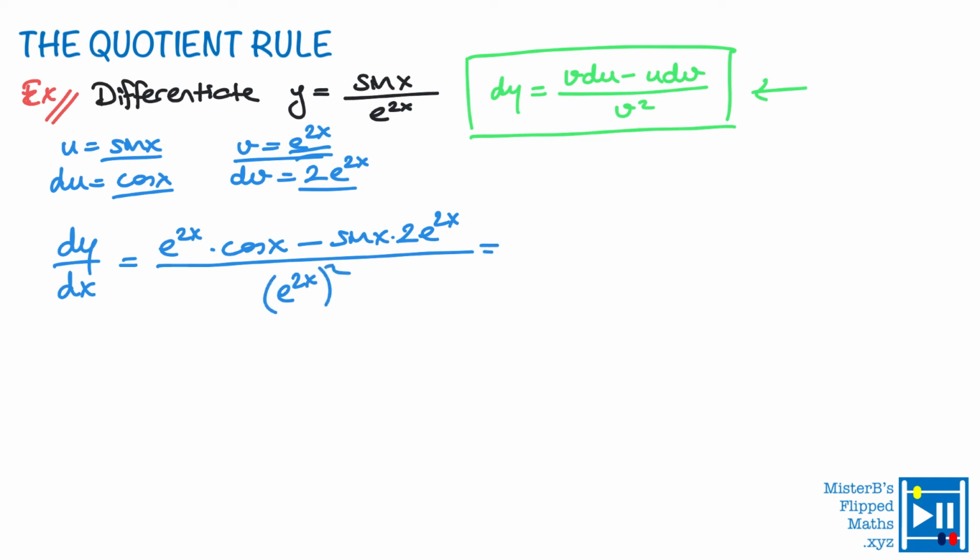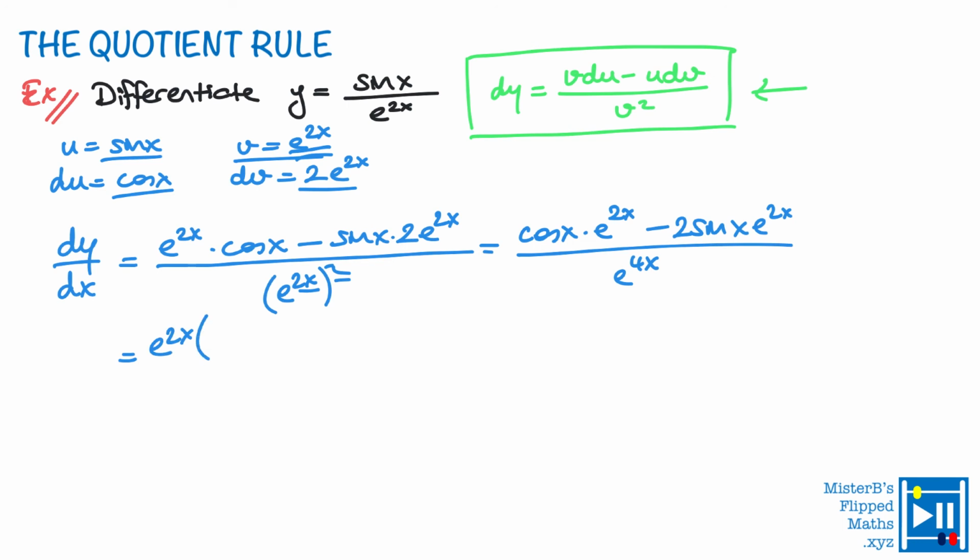Now let's play with this a little bit. This is cosine x times e to the 2x minus 2 sine x e to the 2x over e to the, well, power of power means multiplication, it's going to be 4x. And then, of course, I can take e to the 2x into parentheses. It's going to be cosine x minus 2 sine x over e to the 4x.